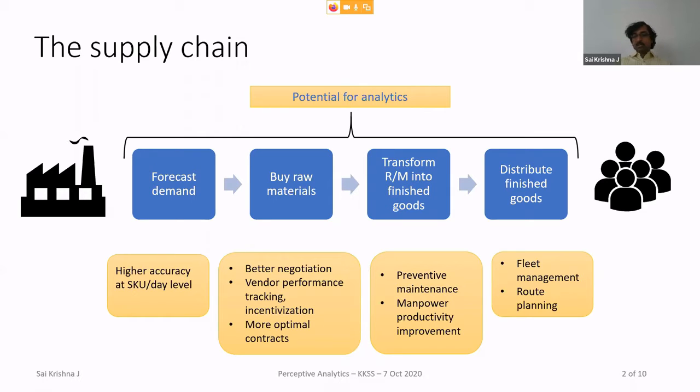In all these places, analytics can help. The case which I'm going to talk to you about today is in this area, the procurement of raw materials. And once I procure the raw materials, I will transform them into finished goods. This is the actual manufacturing activity that we do on our factory floor. And here, how does analytics help?